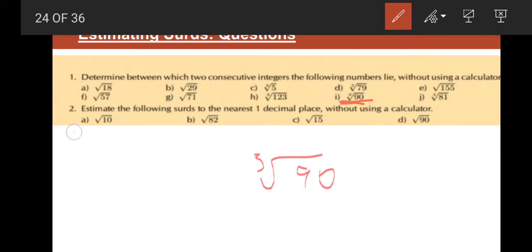So if we cube the integer 1, we will get 1 as our perfect cube. If we cube the integer 2, we will get 8 as our perfect cube. And if we cube 3 as our integer, we will get 27 as our perfect cube.